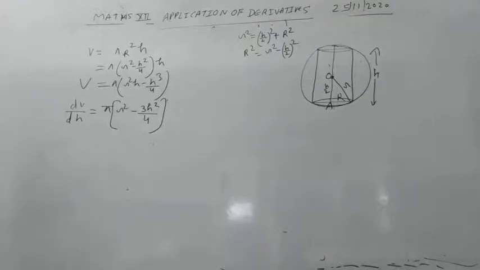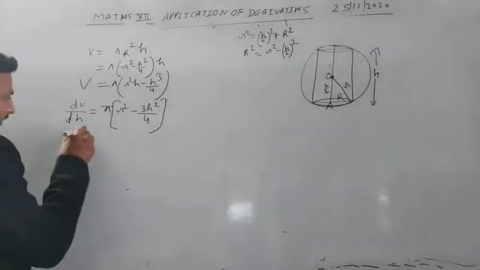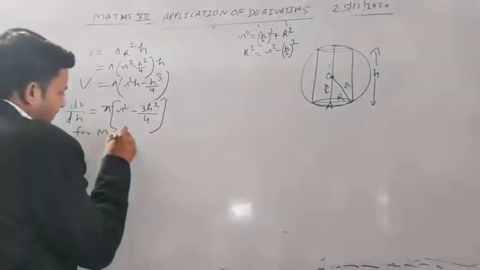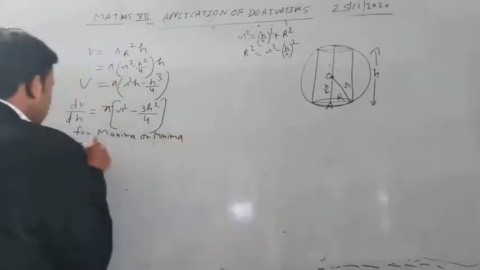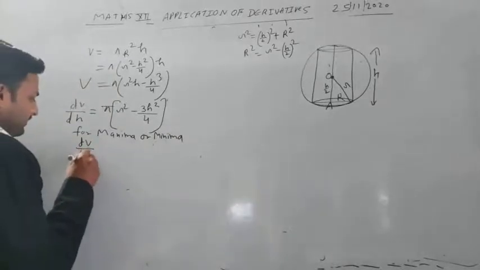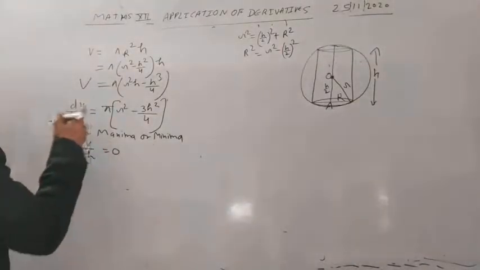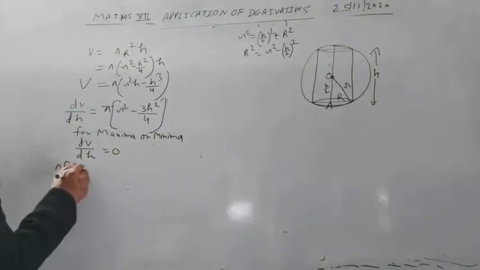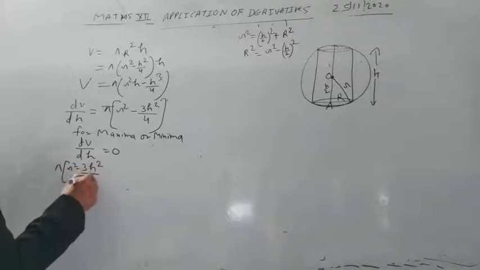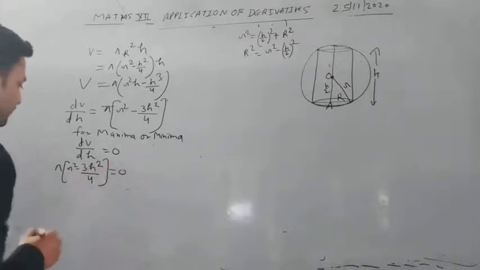And now for maxima and minima, we know that dV by dh will be equal to 0. So we write, for maxima or minima, dV by dh is equal to 0. We put the value here. We get pi times (r square minus 3h square by 4), which is equal to 0.